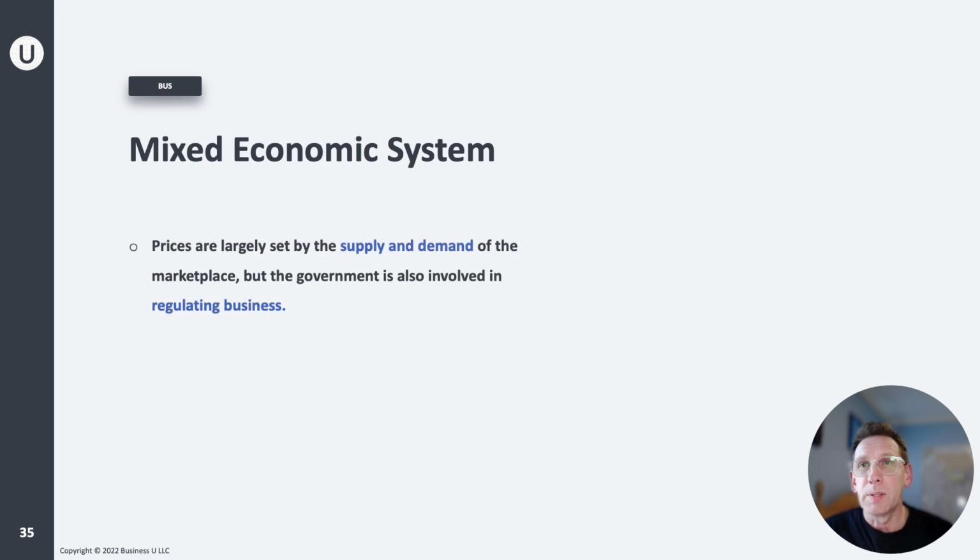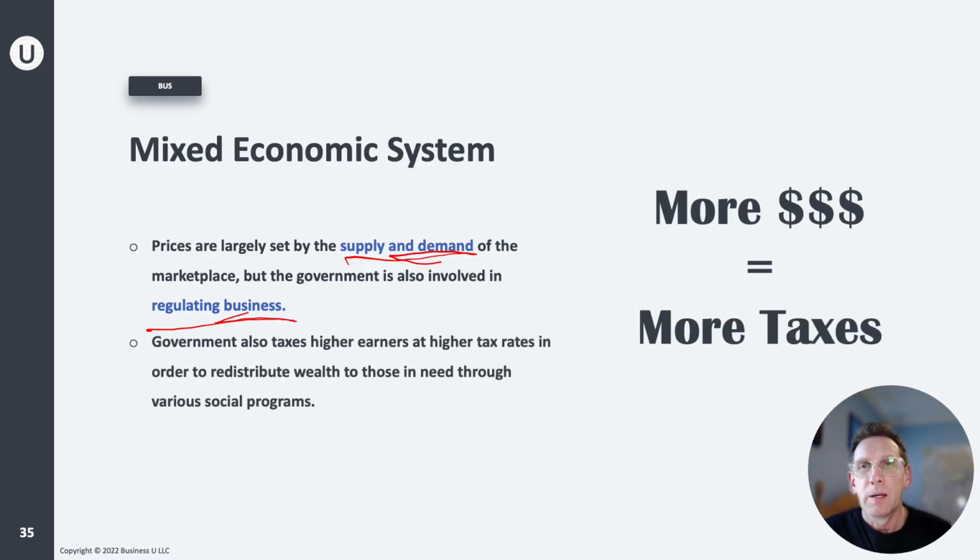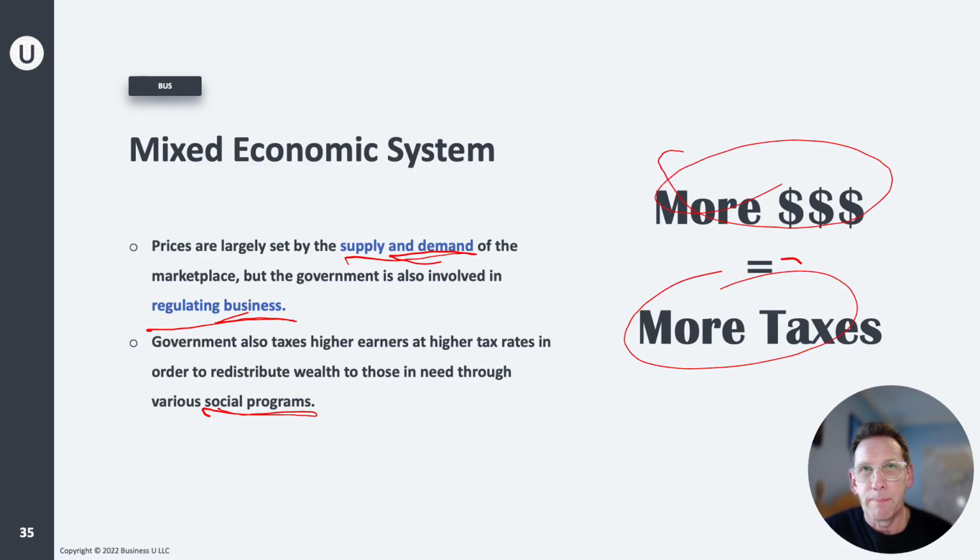Prices are largely set, again, by supply and demand of the marketplace, but the government is also involved in regulating those businesses. Government also taxes higher earners at higher tax rates in order to redistribute wealth to those in need through various social programs. So the US has a little bit of a mixed economic system as well. Again, think more dollars equals more taxes.